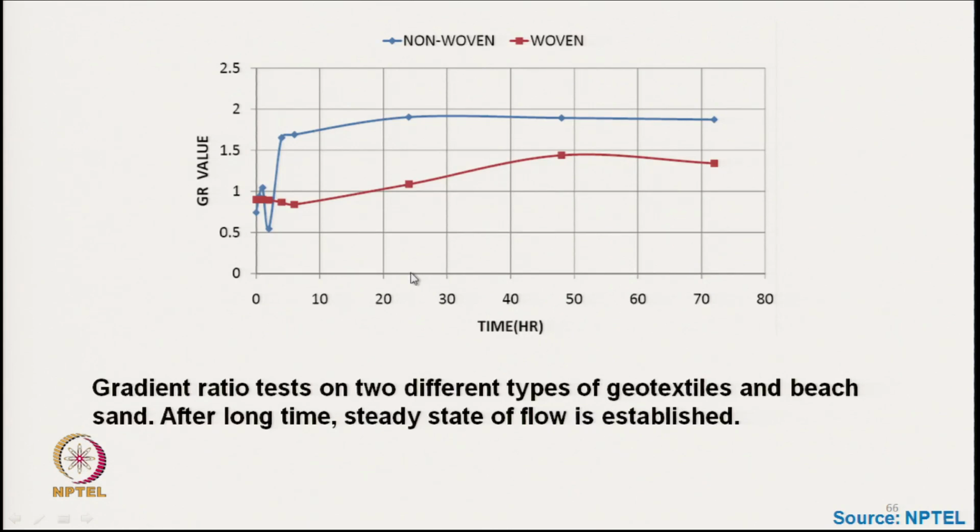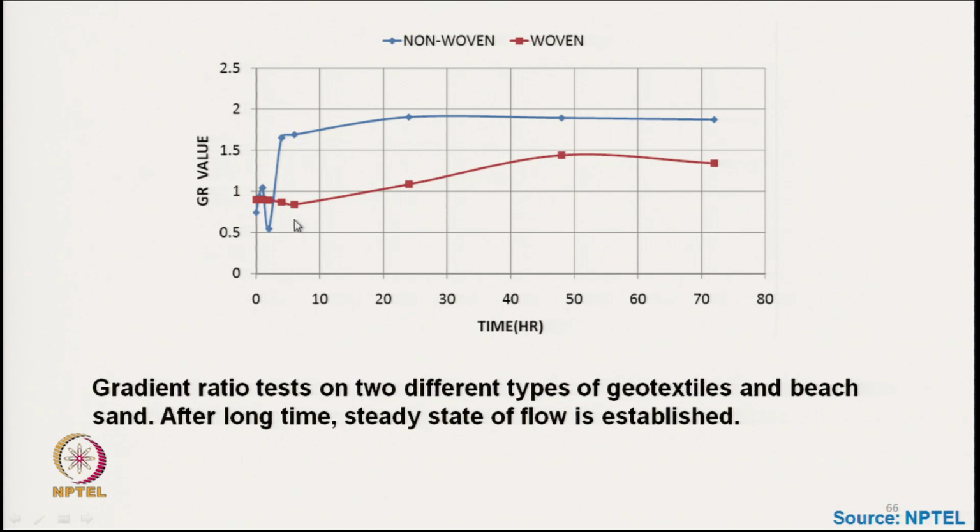So, this picture shows initially it is typically around 1 and gradually it increases, and this is for woven fabric, and here it is non-woven fabric. So, the gradient ratio of non-woven fabric is a little bit higher than woven fabric, but still we prefer non-woven fabric because of its better filtration characteristics.